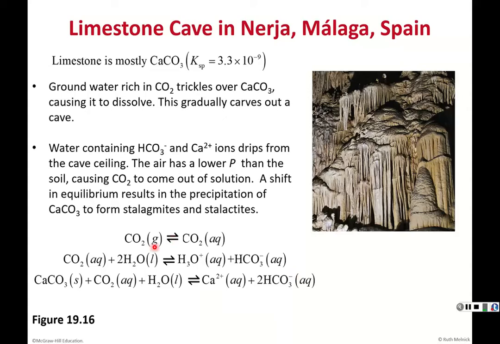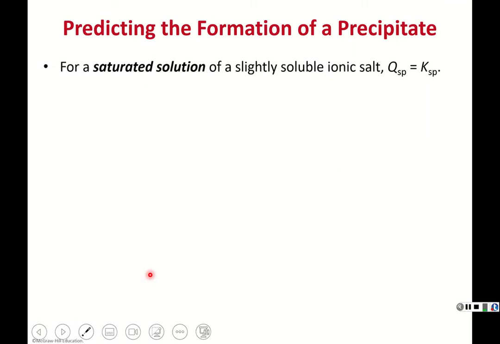But once you lose that CO2 to the air, it shifts that equilibrium back. This is not a super important reaction to remember, just an example of how the things we're going over in class affect real-world environmental situations.